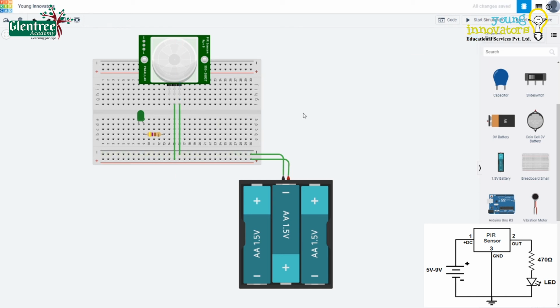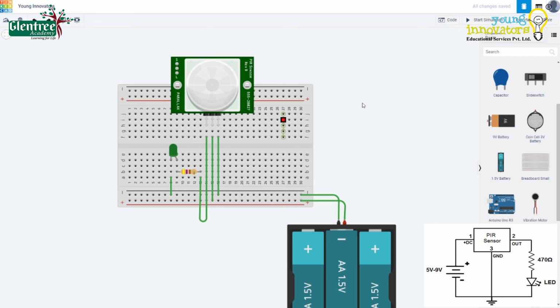Lastly, let's connect the output pin of the sensor to the LED with a resistor in between. The cathode terminal of the LED will be given either to the negative lead on the breadboard or to the ground terminal of the sensor. We will connect it to the negative lead of the breadboard. This completes the circuit.